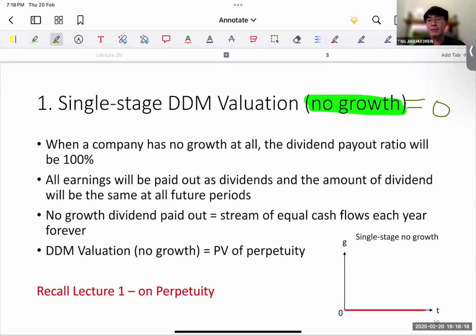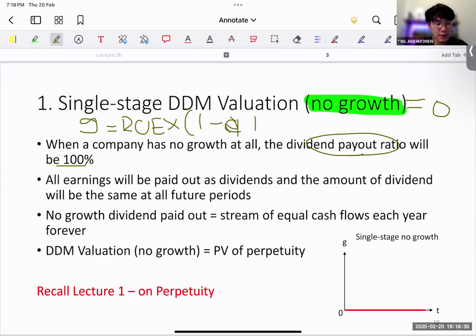When the company has no growth, like we mentioned earlier, the dividend payout ratio is 100%, as you can prove to yourself. g equals ROE times (1 minus dividend payout ratio), DPR. And if the dividend payout ratio equals 1, then everything is 0. So growth is 0. So all earnings are paid out as dividend.